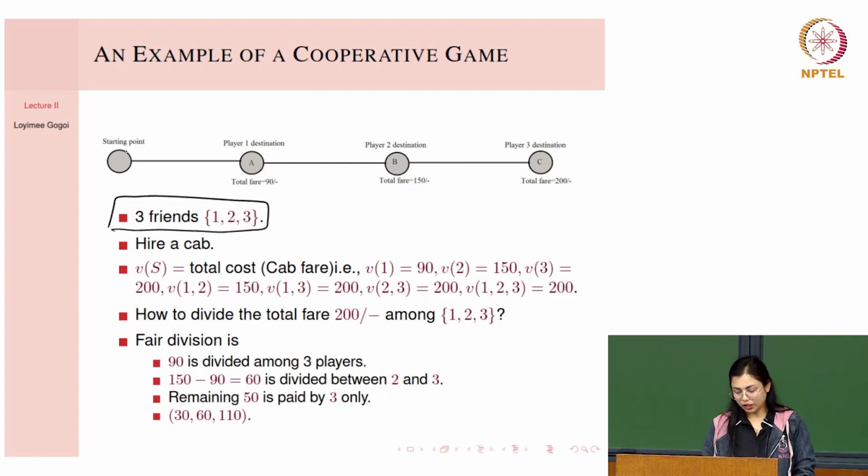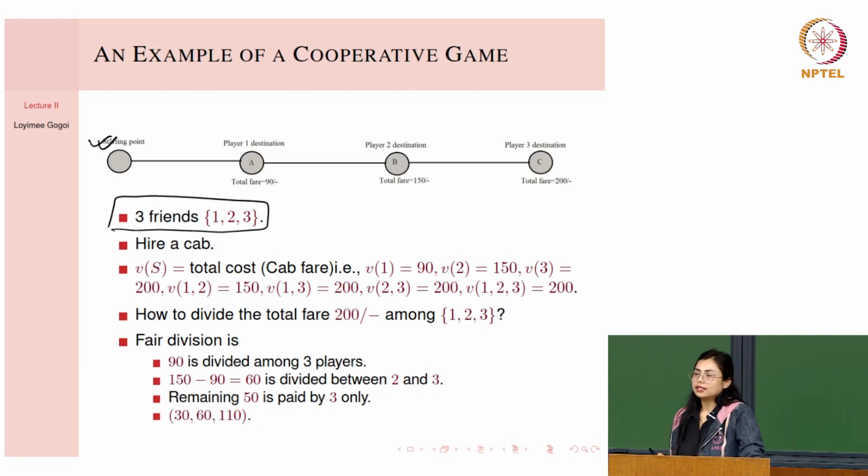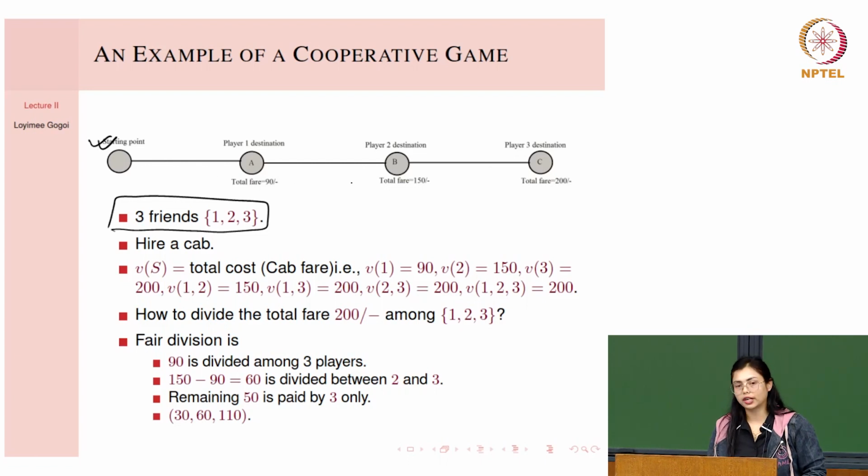Now when they want to return, this is the starting point, and they live in different places, say player 1 here, player 2 here and player 3 here. Now what they did, they booked a cab.